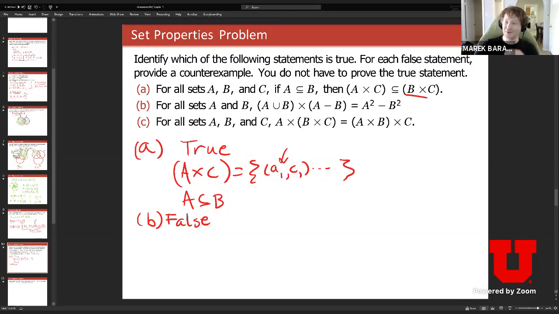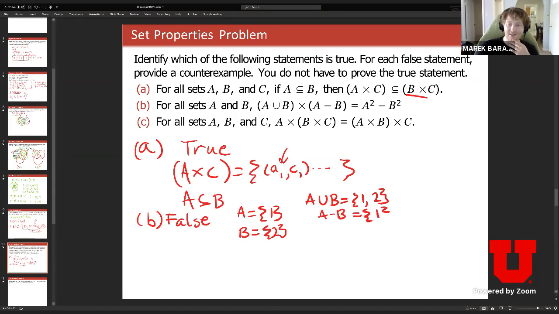So if we have A equal to {1}, and B equal to {2}, then A union B is equal to the set {1, 2}, and A minus B is equal to {1}.